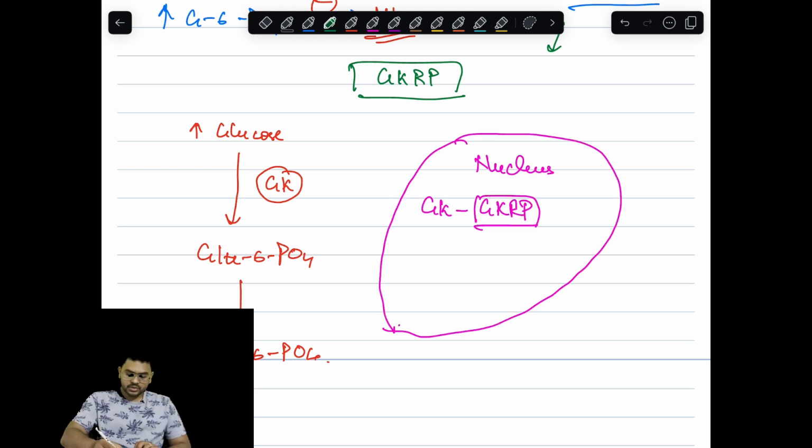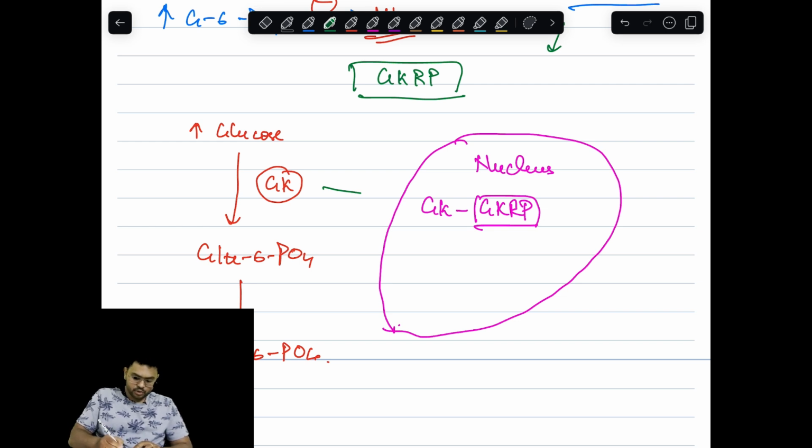Now when the glucose levels increase, this increased glucose level stimulates the release of glucokinase from the glucokinase regulatory protein. And then further down the glycolytic pathway, you have fructose 6 phosphate.